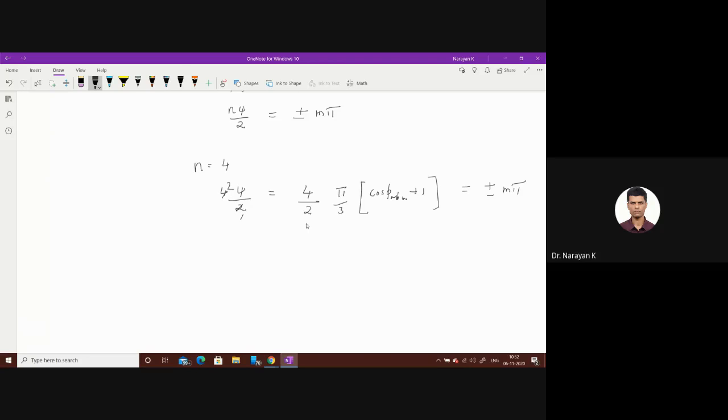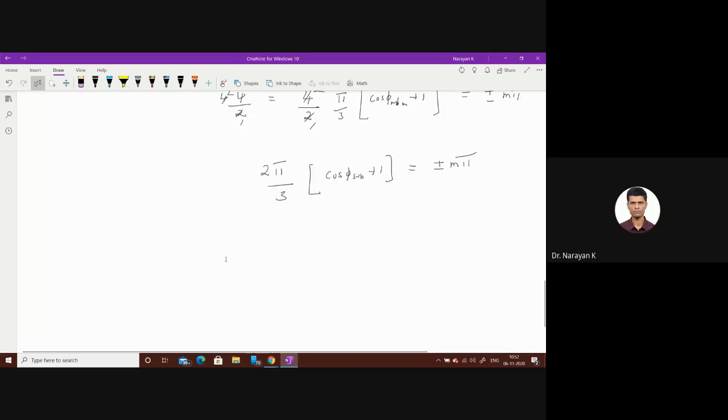So what happens here is 2 ones are 2, 2 twos are 4, so 2 pi by 3 (cos phi subsidiary maximum plus 1) is equal to plus minus m pi. So cos of phi subsidiary maximum is equal to, pi will get cancelled, right?